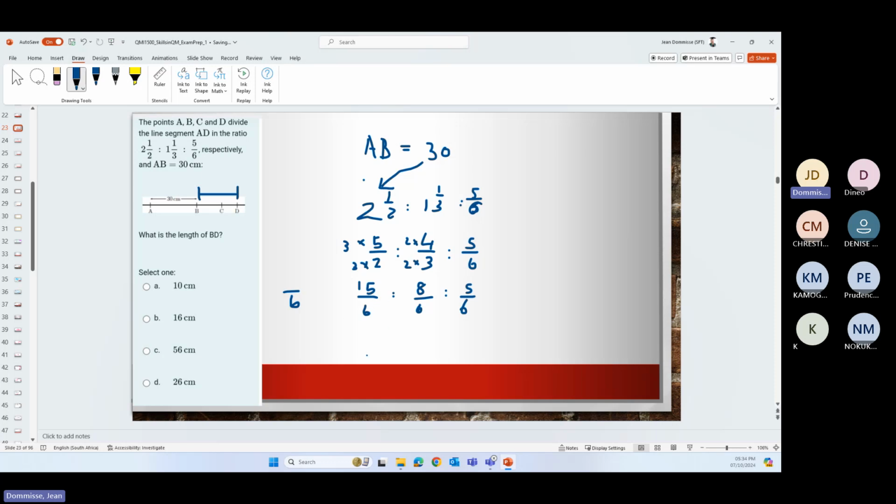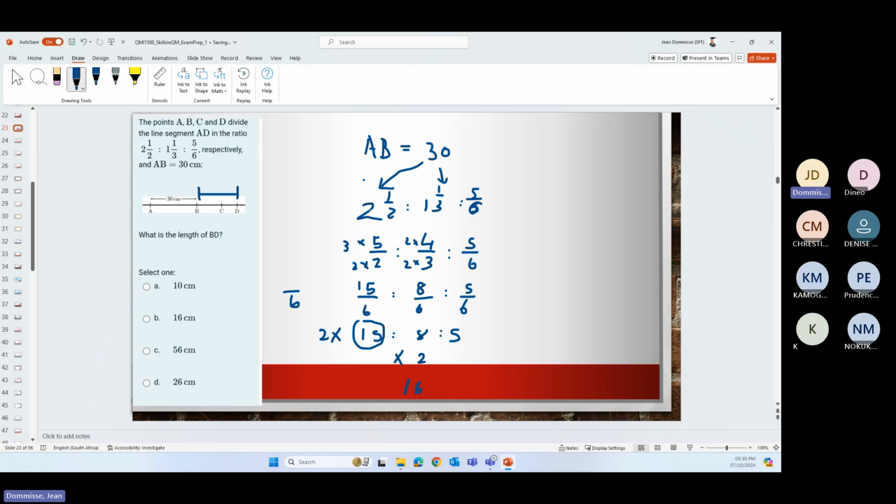So now we know that we're actually working with 15, 8, and 5. So if AB, the 15, is equal to 30 centimeters, so that was then times 2 to get to the 30. I will say I need to times 2 in the middle, and that I will get then 16.